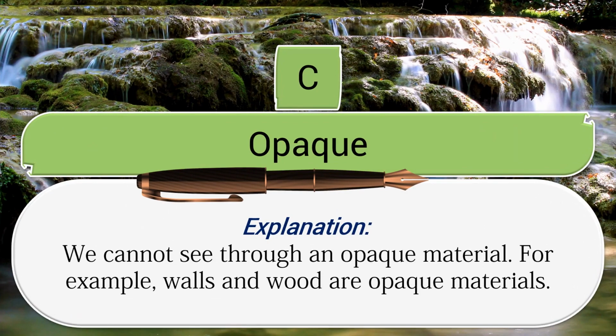The answer is opaque. We cannot see through an opaque material. For example, walls and wood are opaque materials.